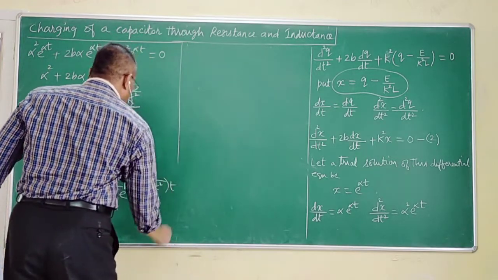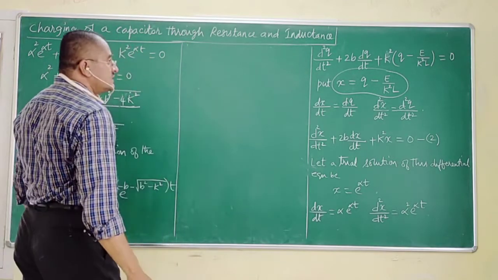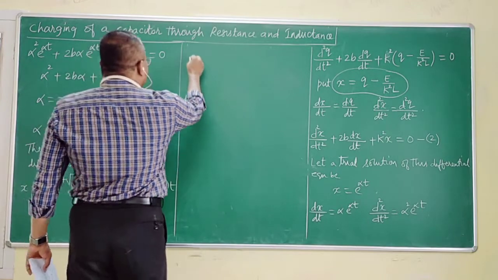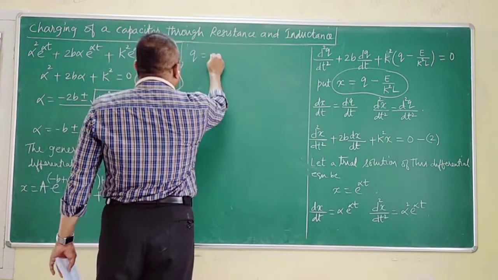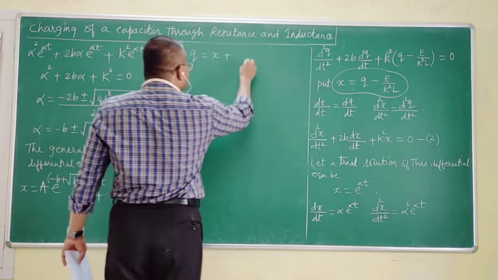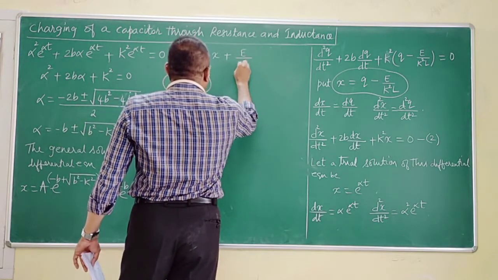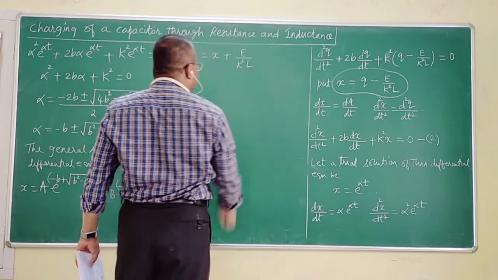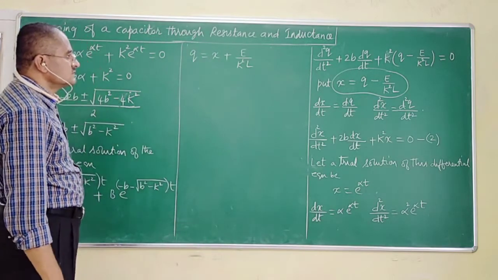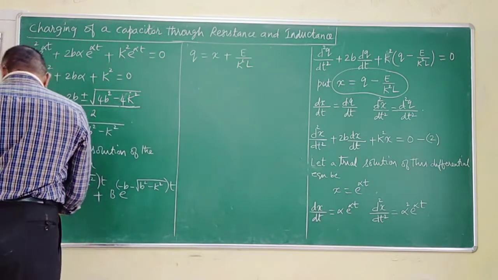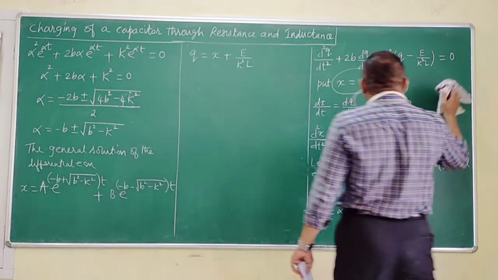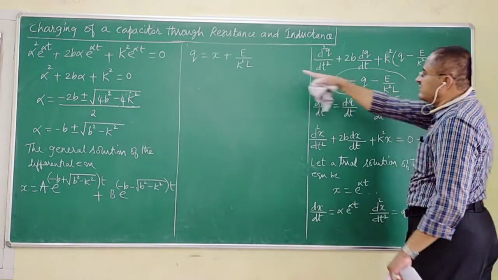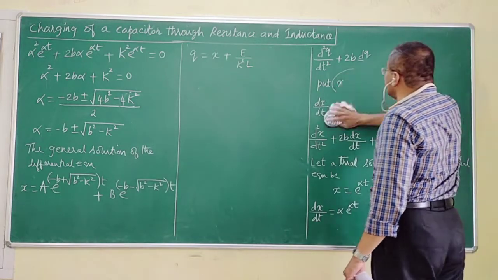Since I am interested in knowing the charge, I will write this expression as q is E by k squared L. Okay? And I don't need all these things now. Therefore, I will rub this off and proceed. Okay?